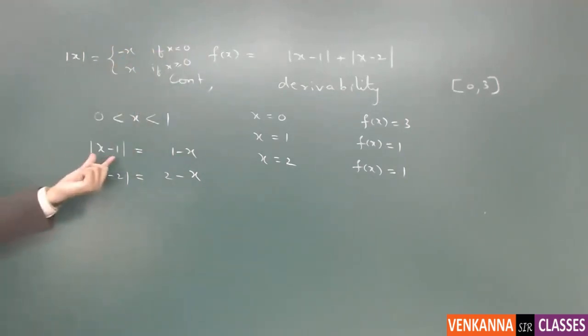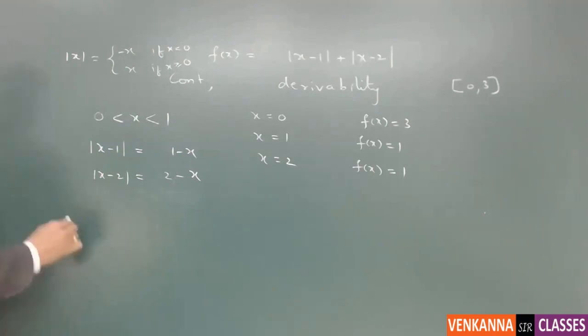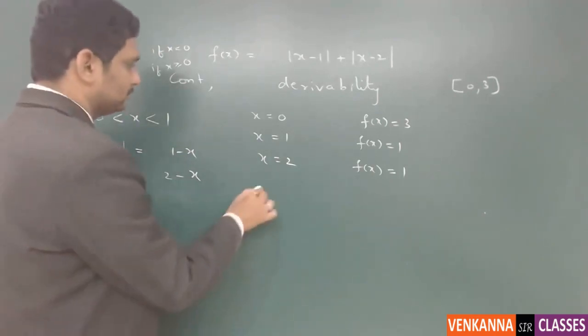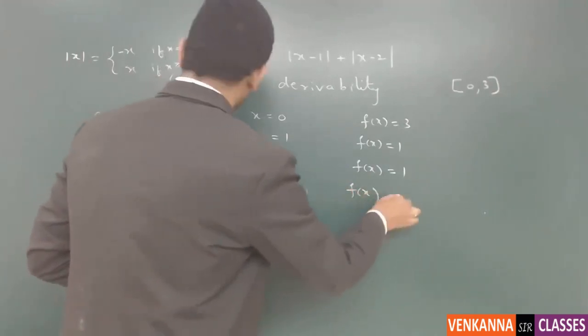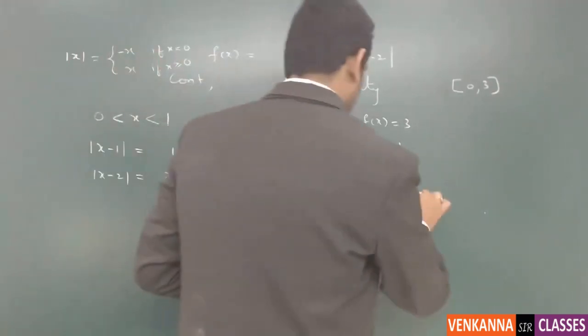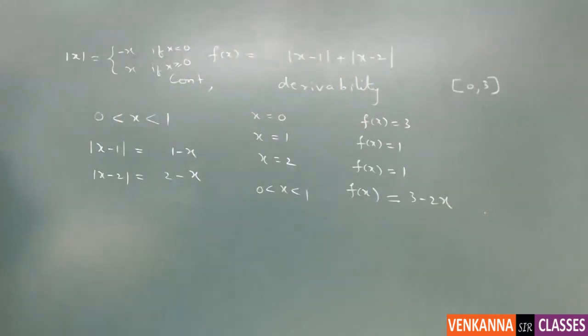So since this part is negative, you take 1 minus x, this part is negative, we take 2 minus x. So f of x will be, if you calculate, the value of f of x. Do we agree for this?